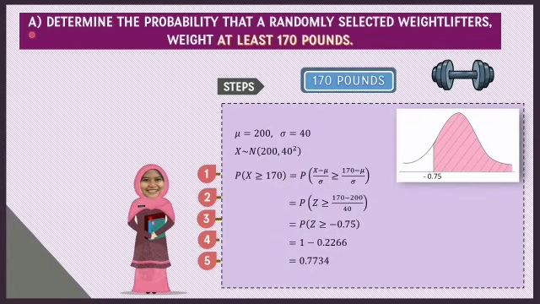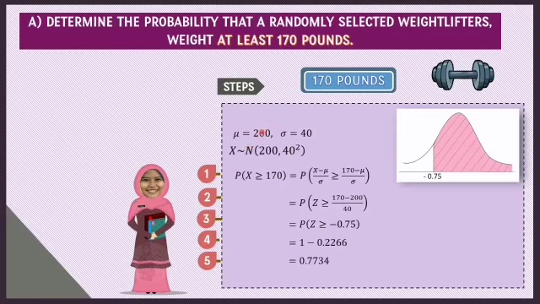So first, for 10A, determine the probability that a randomly selected visitor has at least £170. So basically, this question asks us to calculate the probability of the selected variable from £170 and above. So here is how we can answer this question. First, we need to identify the mean and the standard deviation value, which we can get from the statement before.